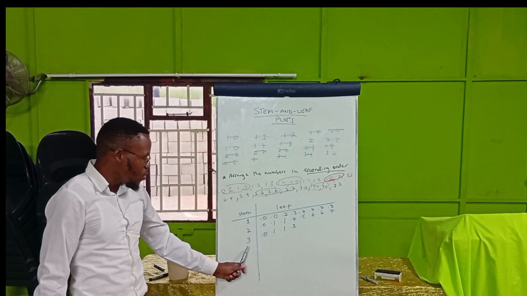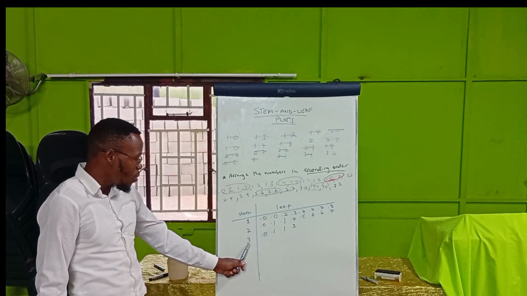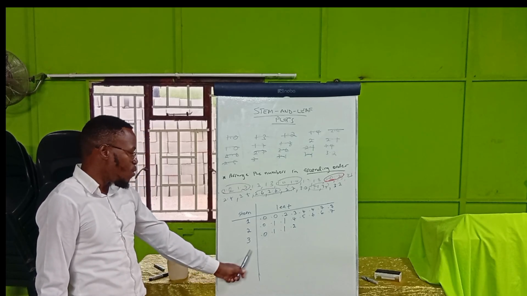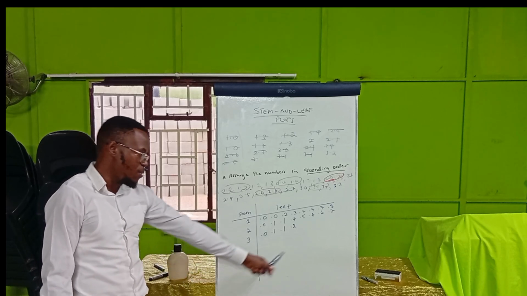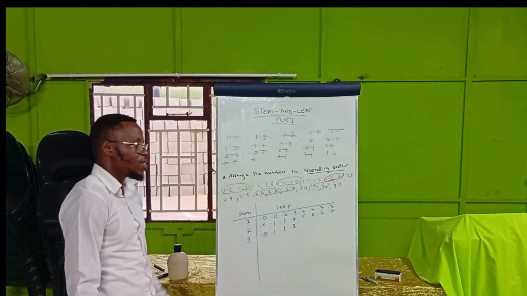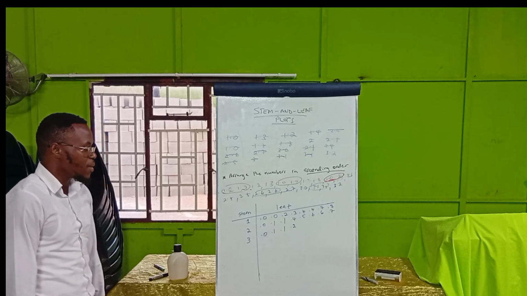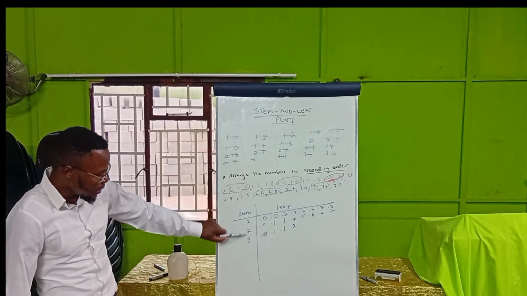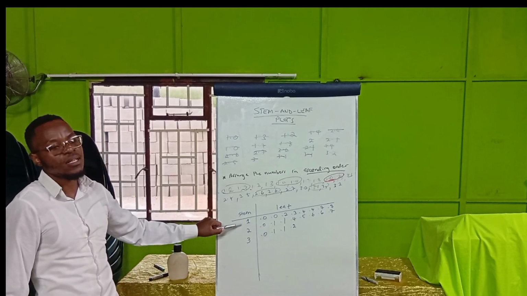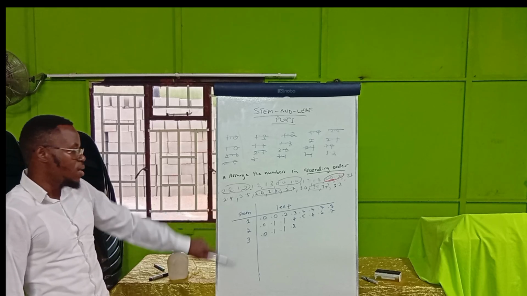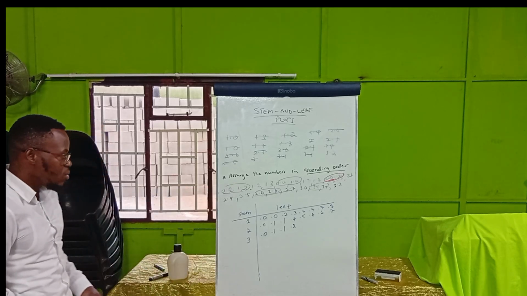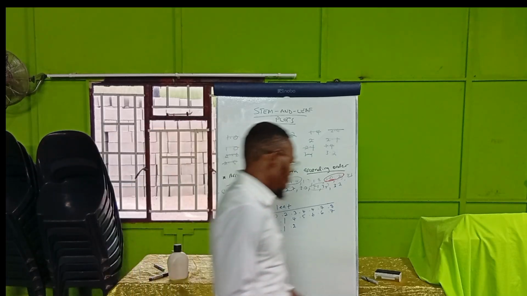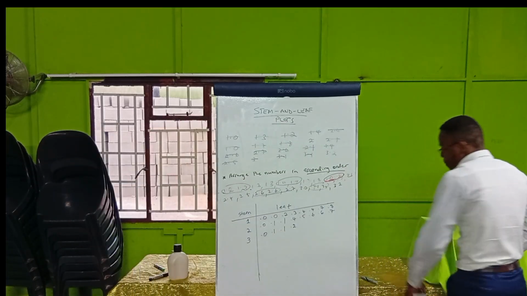If you like, you can write the stem 4 in order, or you can skip to 5 and write the leaves that are there. So that is also allowed. But it is good to write in ascending order. It's always good to write them in ascending order. But this is how you represent numbers in a stem and leaf plot.